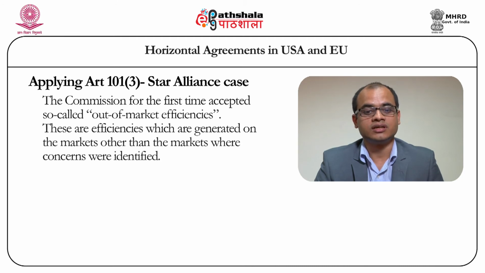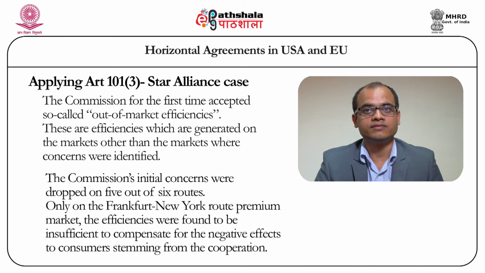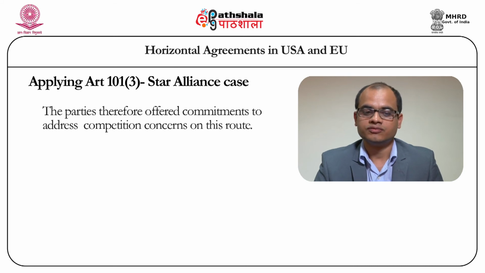Out of 6 routes, in 5 routes the Commission said that these agreements improved efficiency and would not restrict but promote competition. But in only one route, the Commission said that the price fixing and capacity fixing agreements might go against competition, and in that specific route, which was the Frankfurt-New York route, the Commission asked those companies to modify their agreements.